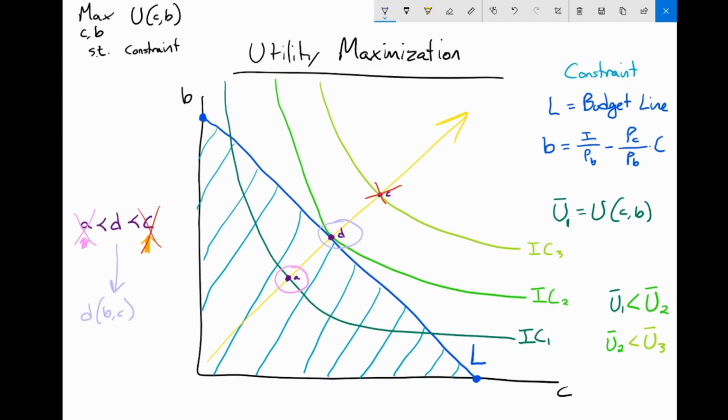That means D gives them the most utility subject to their budget constraint. So bundle D will be the optimal decision. It gives them the most utility, given the constraint.